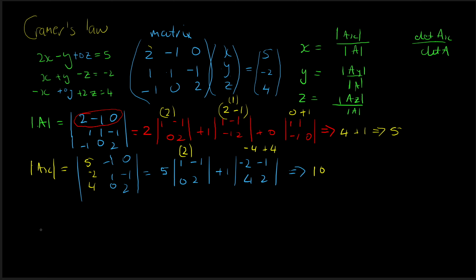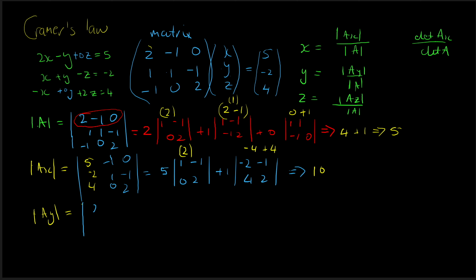AX. So we also need the determinant of AY. So let's look at AY. And now remember, for AY we substitute the Y column with the answer column. So we're going to substitute this with this.